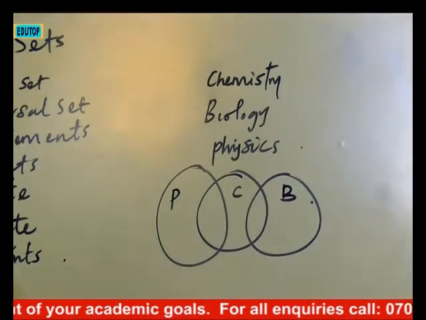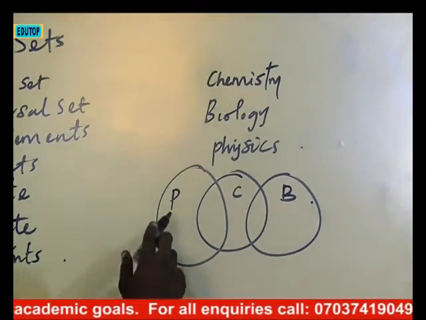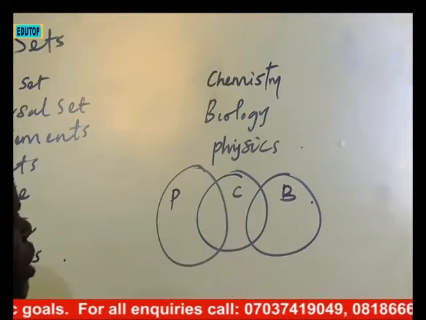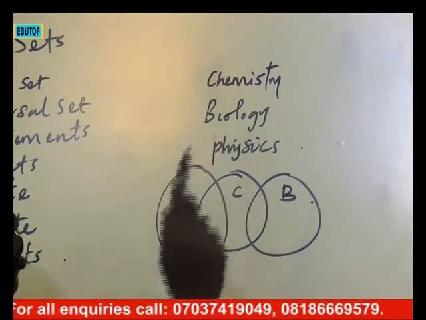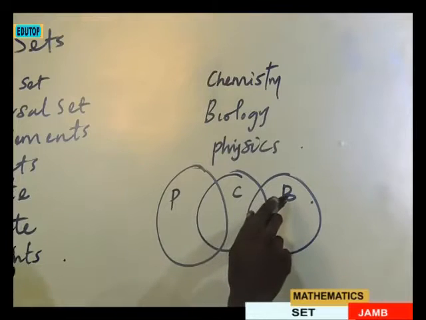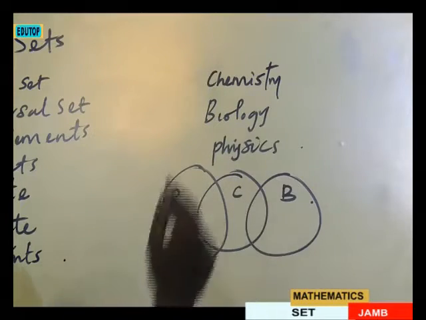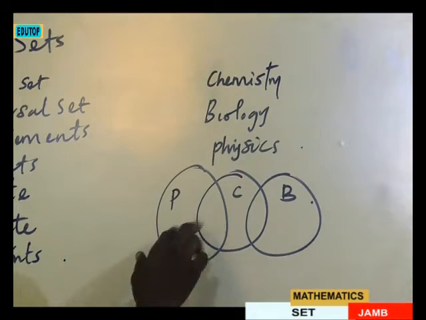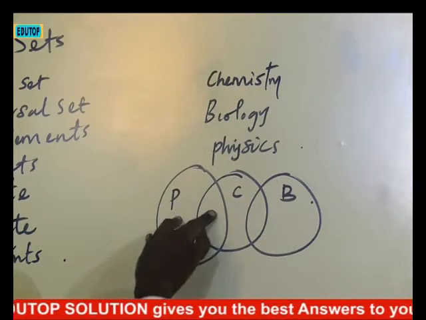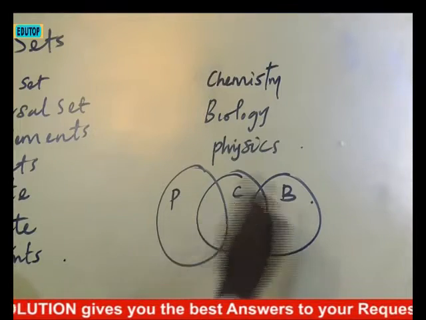What it simply means is that you can have a physics-chemistry combination, you can also have a chemistry-biology combination, but it is difficult to have a physics-biology combination. Anybody that wants to study engineering, for example, needs physics and chemistry, not physics and biology.